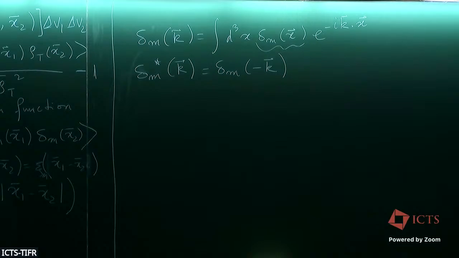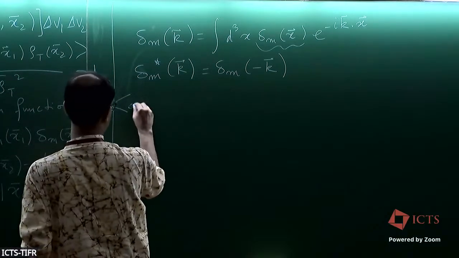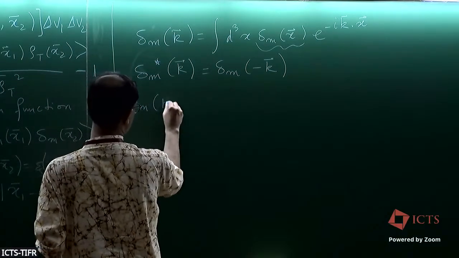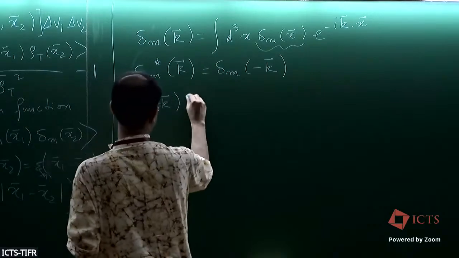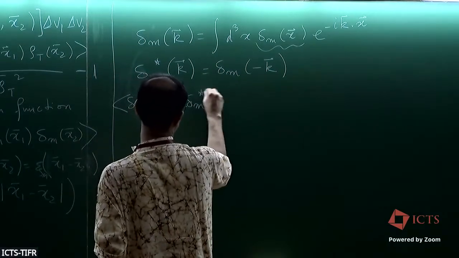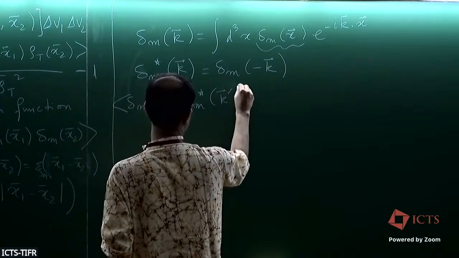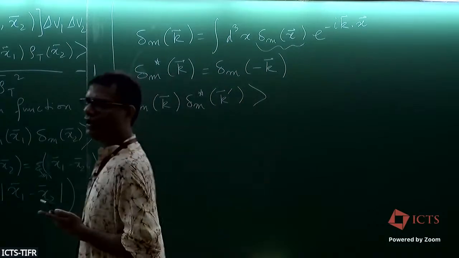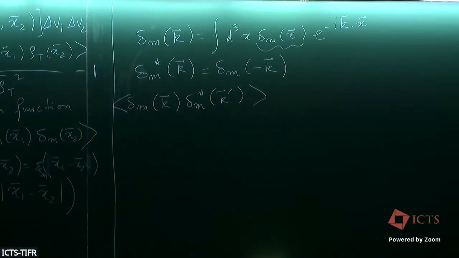Now just like we did delta m of x1 times delta m of x2 and took an average, let us do something similar. Suppose I do delta m at k and delta m star at k prime and take an ensemble average of that.